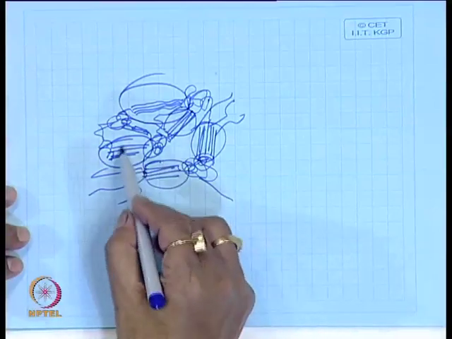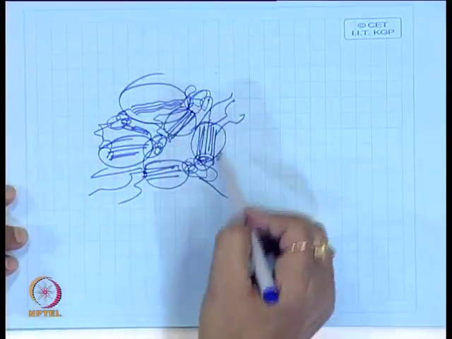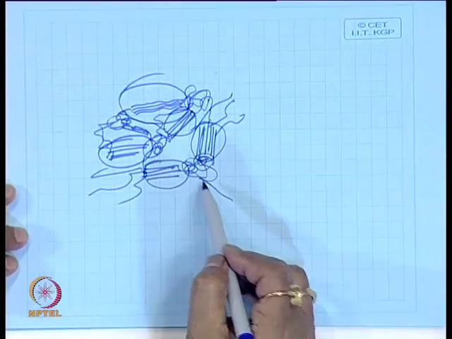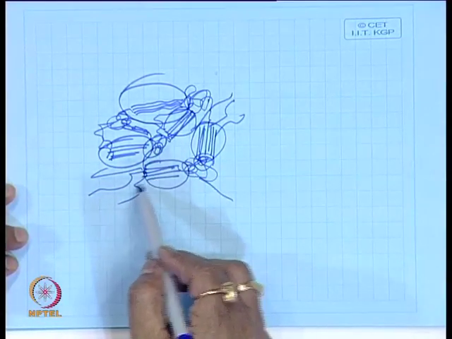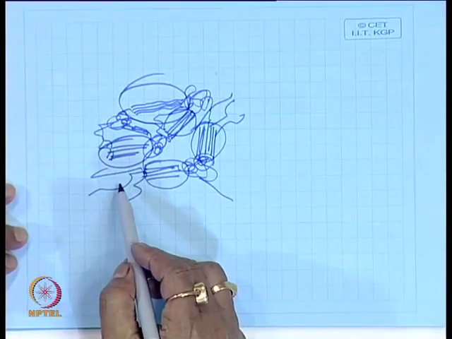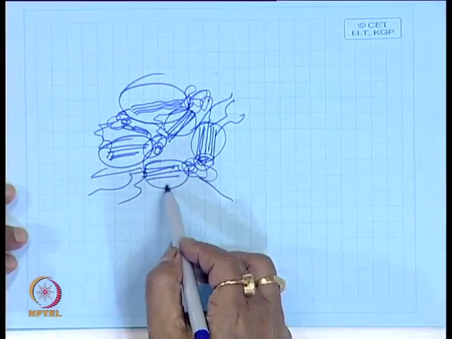These are crystalline regions. That means, one molecule can pass through amorphous regions to crystalline regions, through crystalline regions to another amorphous region. So, these are known as crystallites.